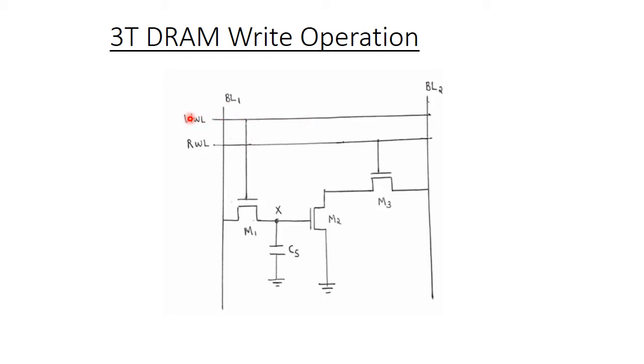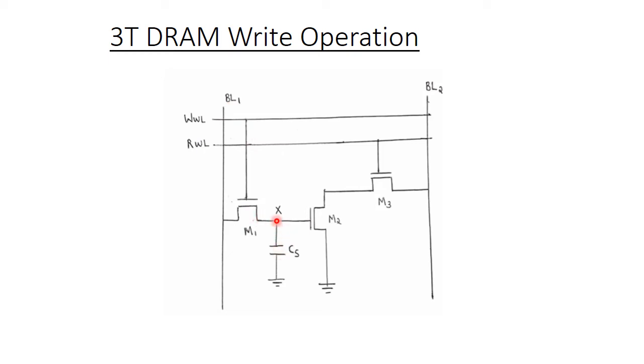The first step in write operation is to enable the word line, which word line? The write word line. As we enable the write word line, what happens? This transistor M1 turns on, whereas the two transistors M2 and M3 are in off condition. As M1 turns on and we are trying to write bit 1, to store bit 1 we need to pre-charge this bit line 1 to VDD. So now BL1 is at VDD and M1 is turned on.